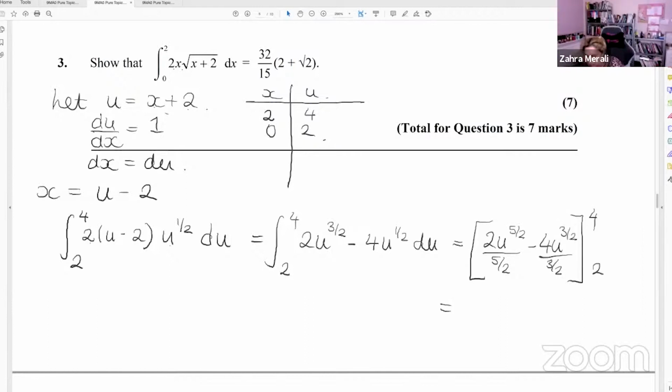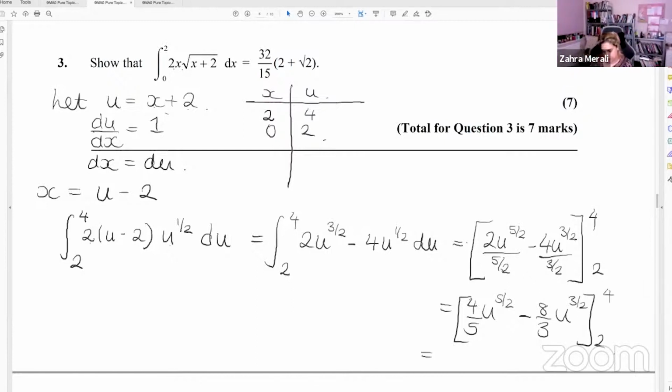Sort that out. So I'll get 4 over 5 u to the 5 over 2, and that's going to give me 8 over 3 u to the 3 over 2. And then I substitute the values in.